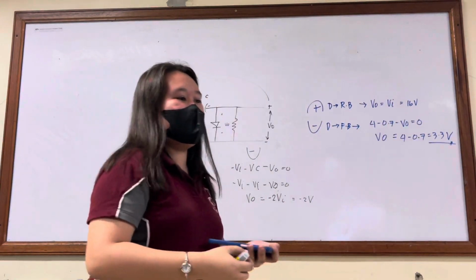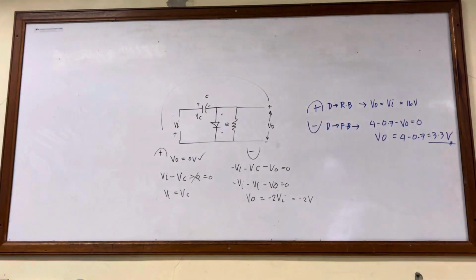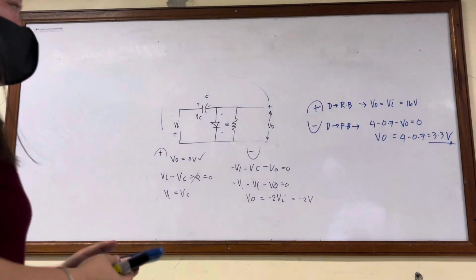Okay. Now, at negative half cycle, unahan mo na itong tanaw class ko, asa siya forward bias.